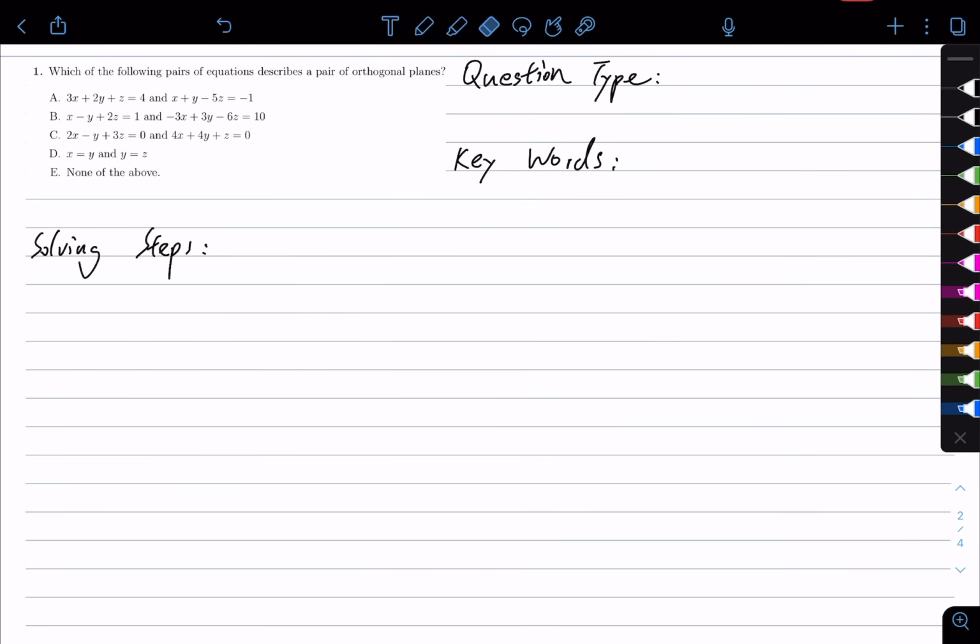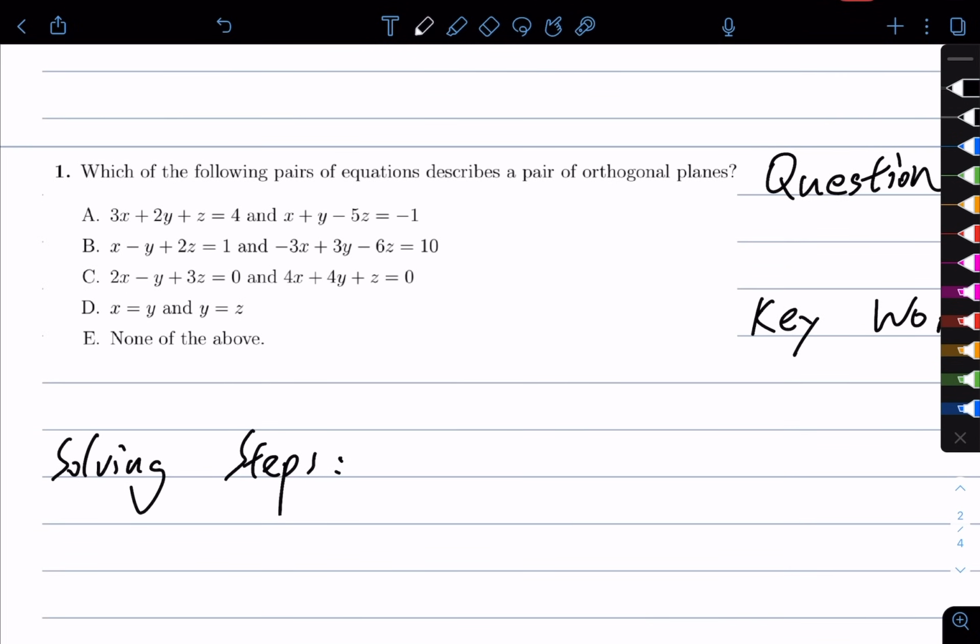The first question is, which of the following pairs of equations describes a pair of orthogonal planes? Okay, so this is an orthogonal plane problem, and it is from your chapter 13.5. By inspecting the question prompt, the obvious giveaway is the phrase orthogonal planes.